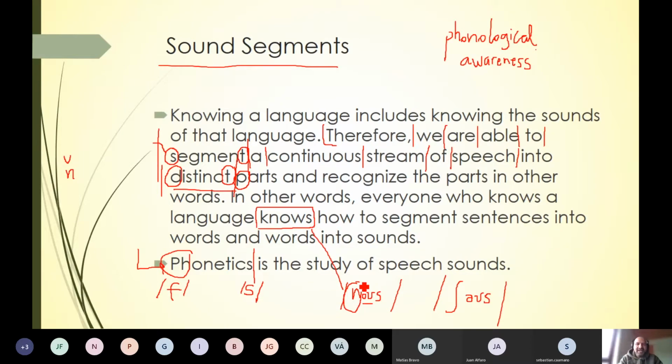And la T con la E, te, right? You were combining these two sounds, and therefore, when you were taught how to read, you were taught how to recognize these sounds individually first, and then how to combine them.